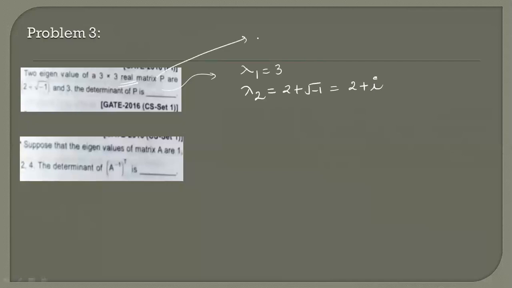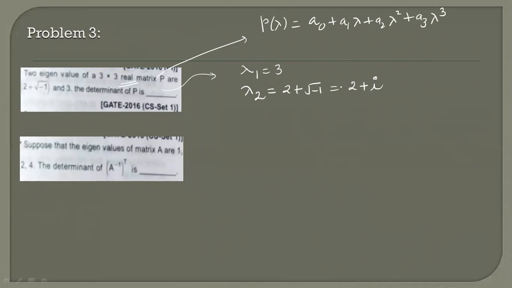It means entries are coming from real numbers. Therefore, the characteristic equation of P can be written as P of lambda equal to A0 plus A1 lambda plus A2 lambda square plus A3 lambda cube, because it's a 3 cross 3 matrix.